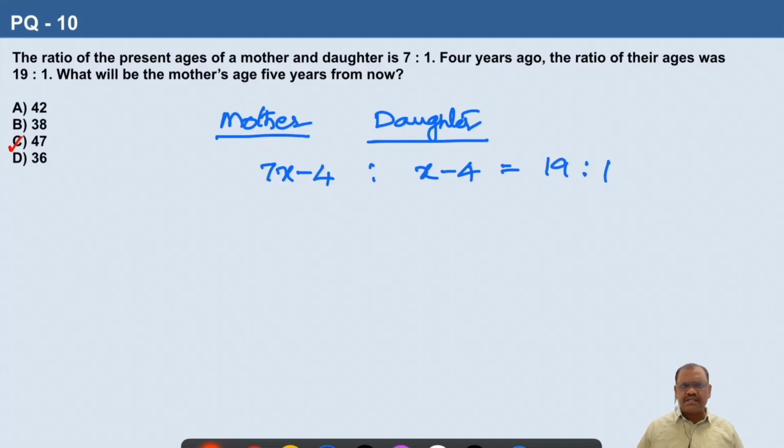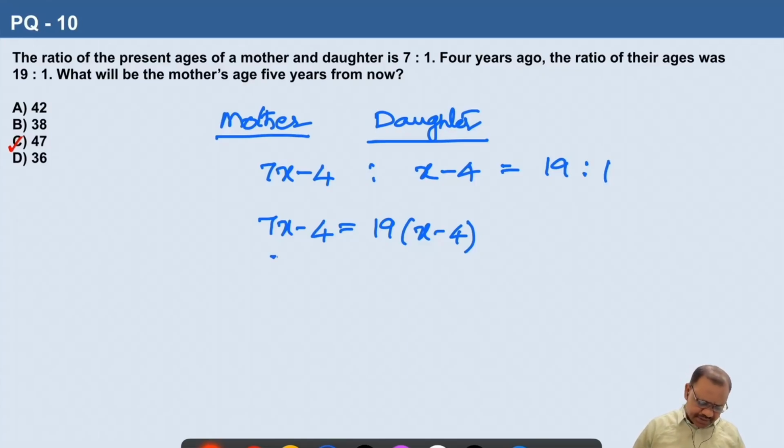So the meaning is that mother is 19 times of daughter. So 7x minus 4 is 19 times of x minus 4. If you apply the rule of proportion, you will also get the same thing.